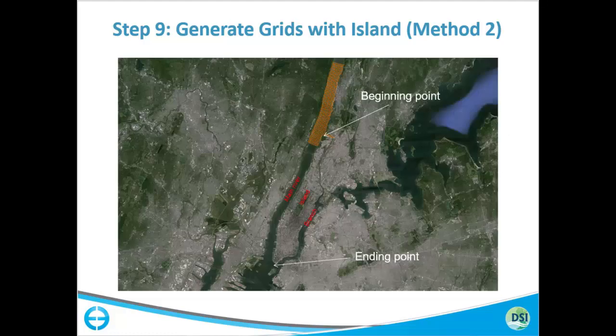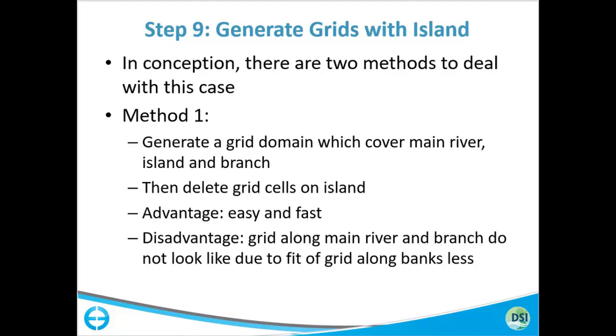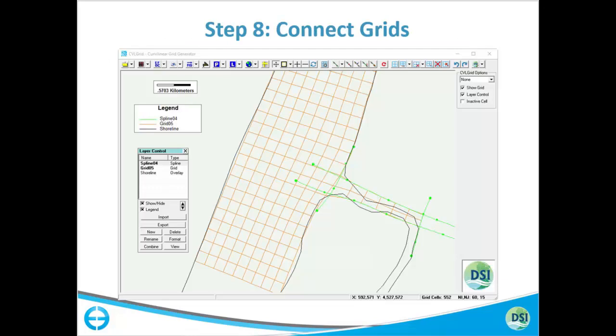Then what you do is keep on building grids. There are so many things. There are two ways you can connect. One way is this: create a spline from this point to this point right here and make a whole grid. After you create the grid for all of this section, you just create a polyline or polygon to define this inner region and delete everything.